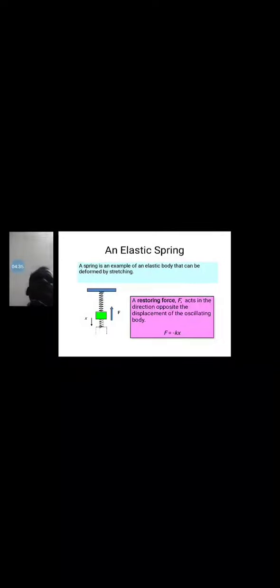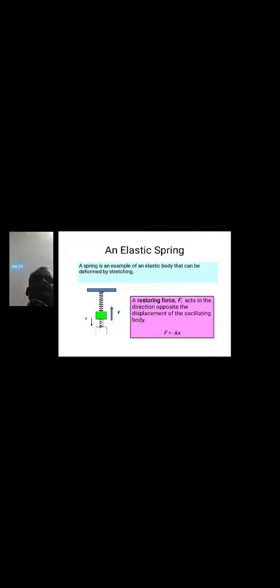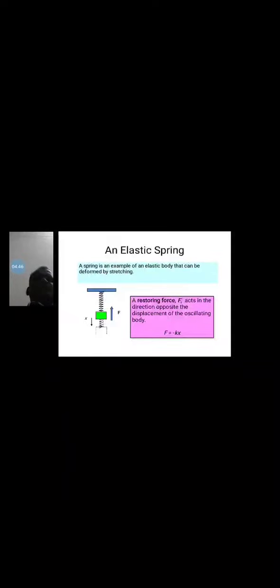This type of spring is usually used in cradles. See, the restoring force F acting on the spring is in a direction opposite to the displacement of the wire. The displacement is due to the load. In general, we can write that the restoring force F is equal to minus K into X.